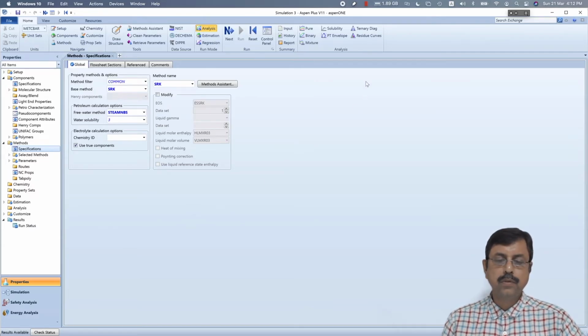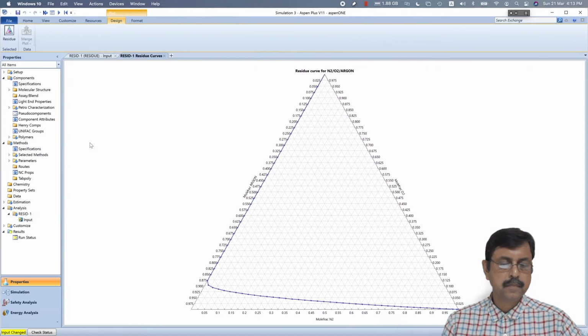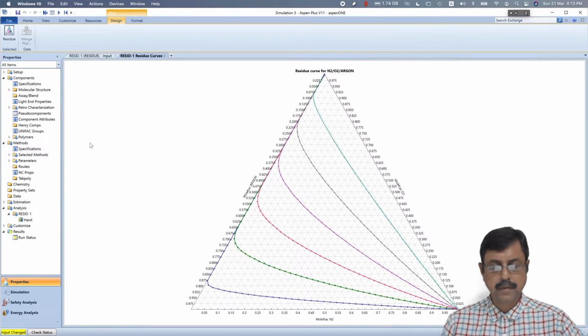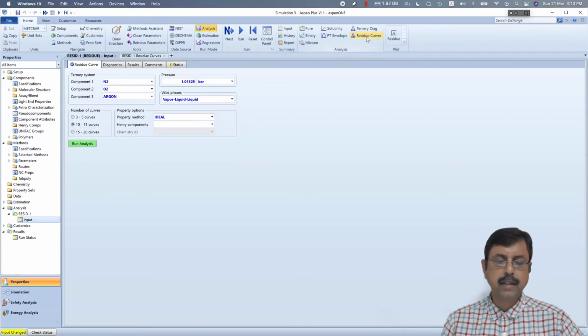Now we have to bring the residue curve. Nitrogen, oxygen, argon. First the property method, ideal. Okay. So this is with the ideal curve. Let us bring another residue curve.